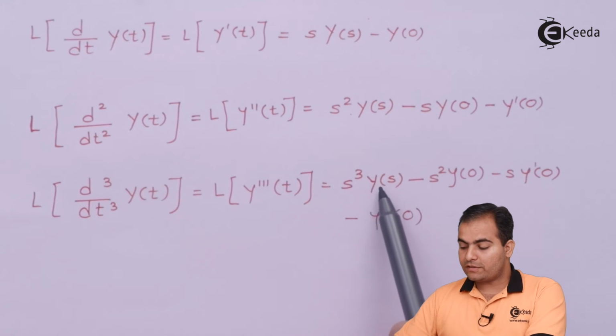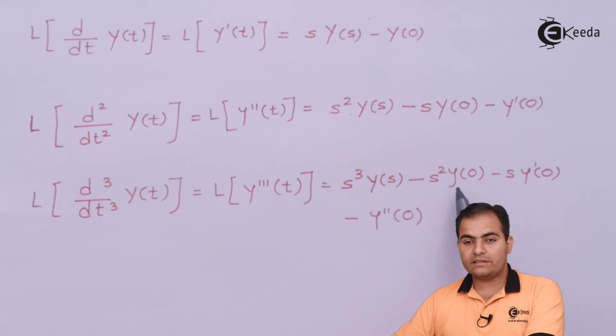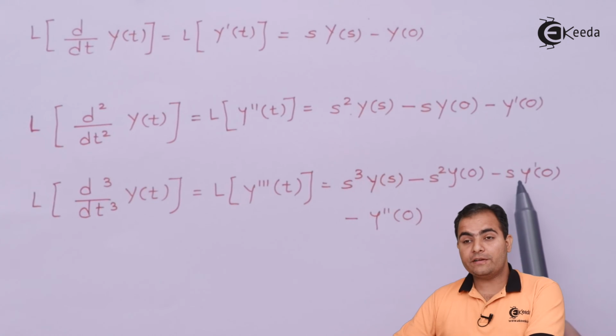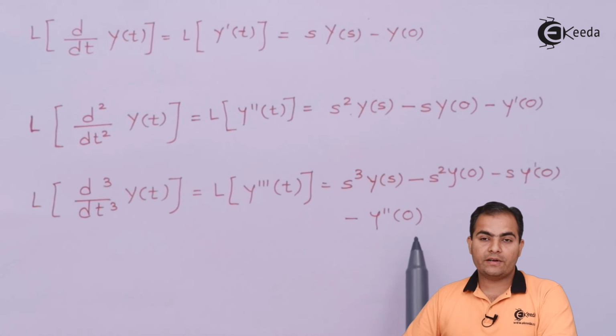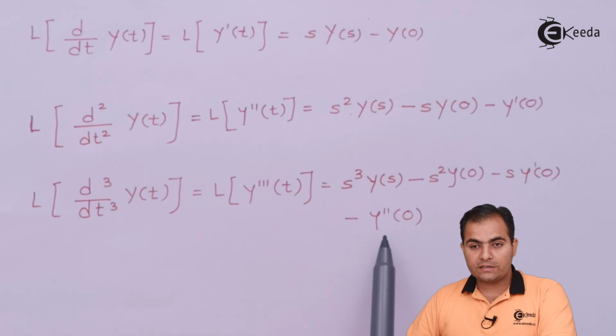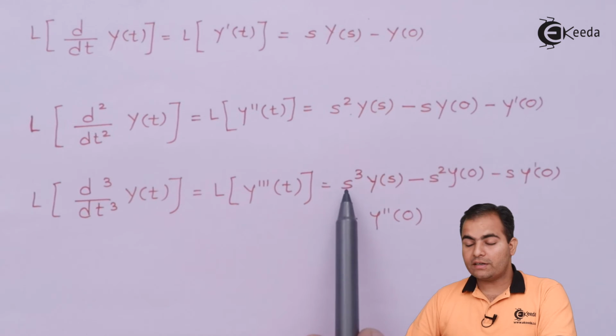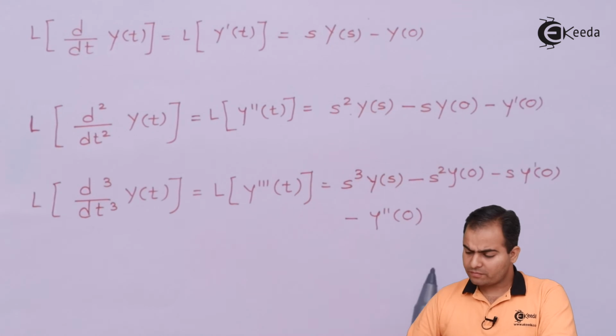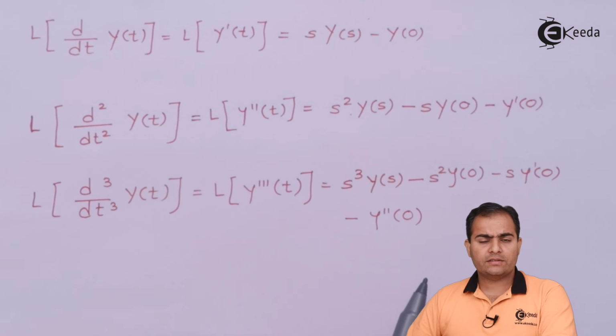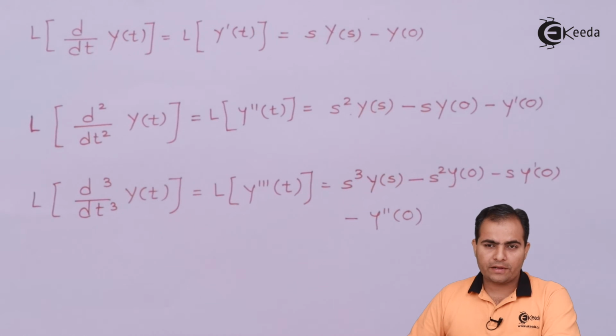First we have Y of s, then y of 0, and if we differentiate more, we get y dash of 0, and if we differentiate further, we get y double dash of 0. We differentiate this function till we get s to the power 0 multiplied with Y of s. Now, these formulas are important while solving numericals related to differential equations using Laplace transform.